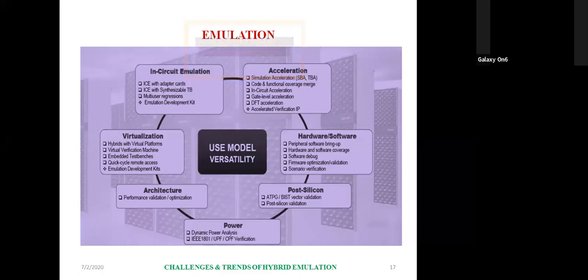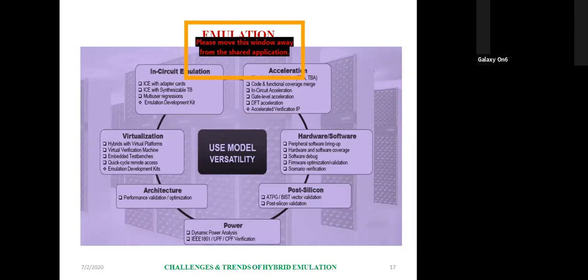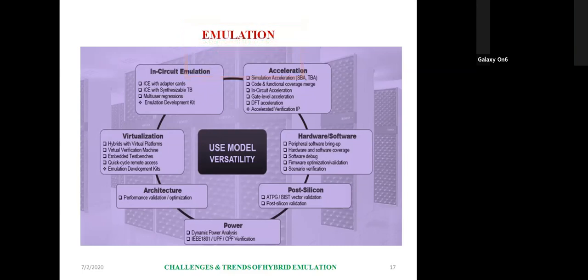So when you speak of simulation acceleration, whether it's SystemC or transaction level modeling, all will be viewed on the waveforms. So the code and functional coverage merging, the in-circuit acceleration, gate level acceleration, and the design for test acceleration. This DFT, everything comes for the ASIC and the SoC.